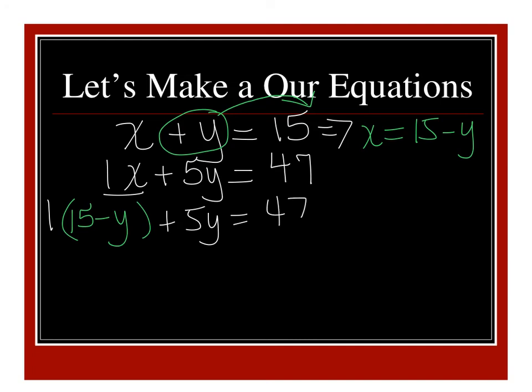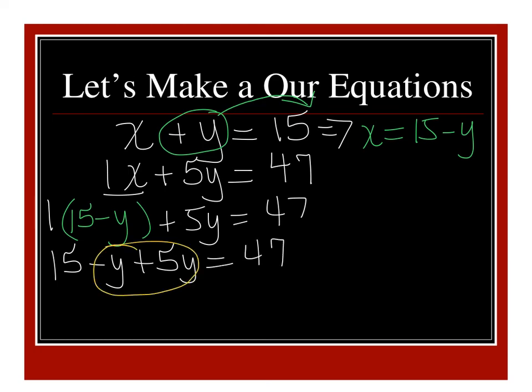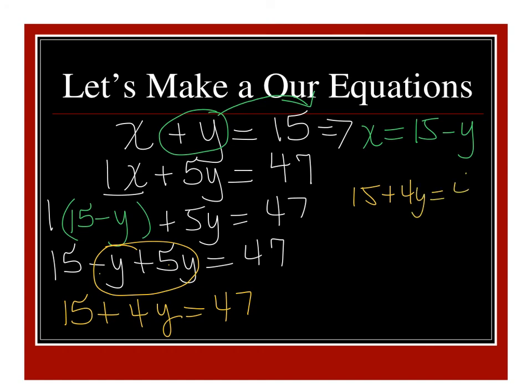And then, when I distribute and combine my two like terms, they both have a y, and 5 minus 1 is 4. So I have 15 plus 4y equals 47. Alright, 15 plus 4y equals 47, a two-step equation.